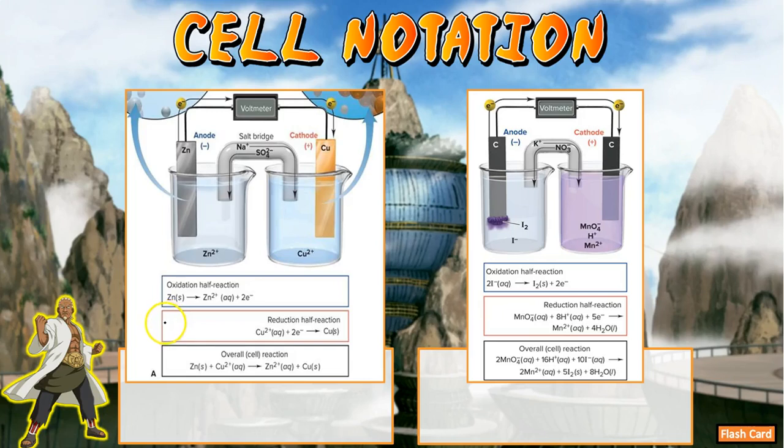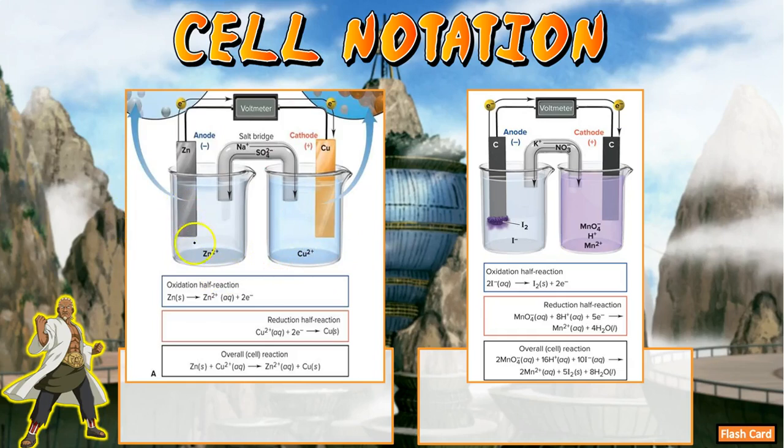So when you're trying to write a voltaic cell out, then the components of each half cell are written in the same order as their half reaction. So therefore, you're going to be starting off with the anode or the oxidation, and then you're going to have your salt bridge, and then you're going to end with the cathode or reduction. Another way of saying that is that all the anode components are written on the left, and all the cathode components are written on the right.